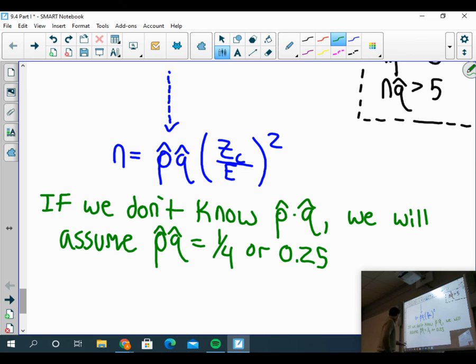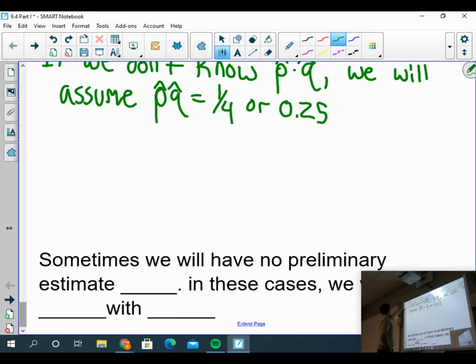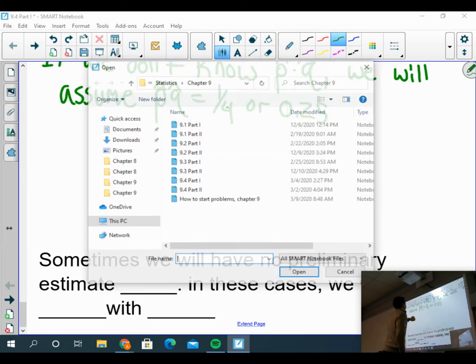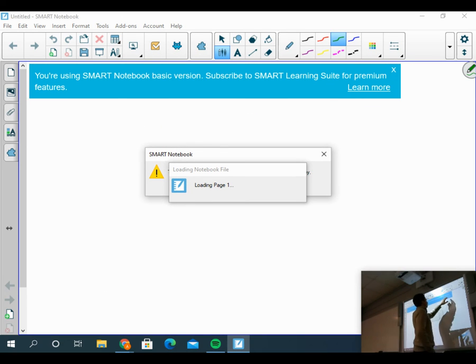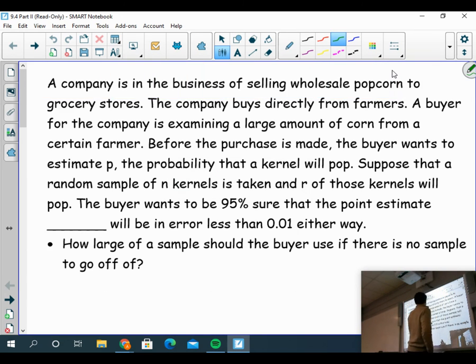Okay, so let's solve a problem. A company is in the business of selling wholesale popcorn to grocery stores. The company buys directly from farmers. A buyer for the company is examining a large amount of corn from a certain farmer.